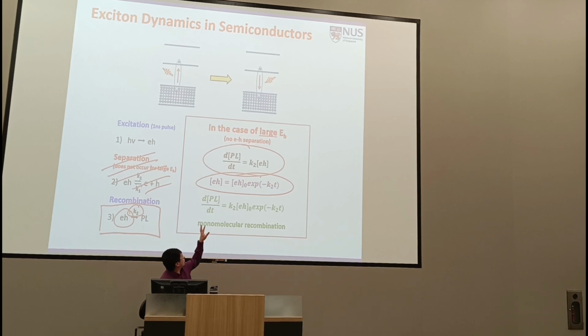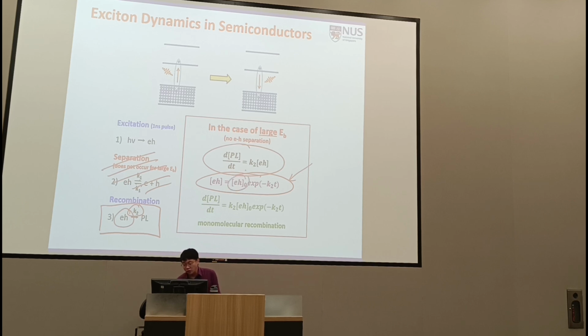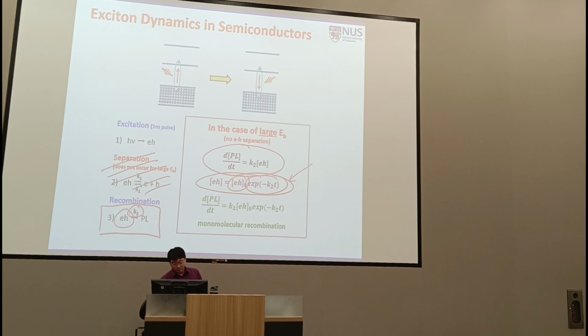If I do an integration and so on, I will get this equation where the concentration of exciton equals the initial concentration times e to the power of minus K2 t, what we call the first order integrated rate law. You can actually search on Wikipedia for the first order integrated rate law. Now what this means is I can then substitute this equation in here. Okay, and then I get this.